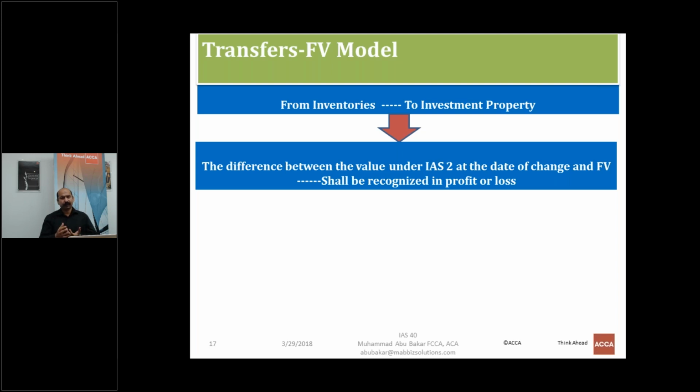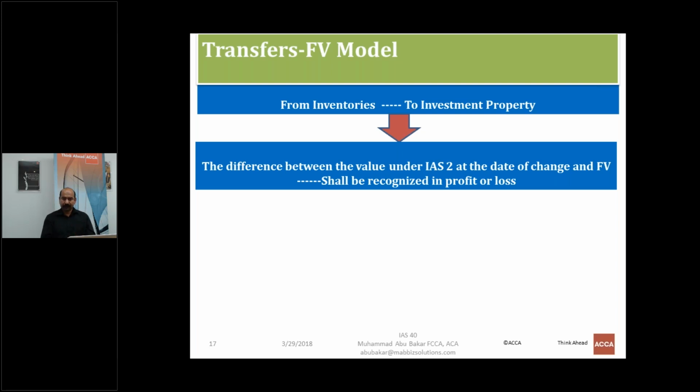This is your inventory because you are in the business of selling buildings after construction, and it has got some carrying value, like 10 million. How we reached this 10 million: of course, labor, material, overheads, all these things were added to calculate this amount of the self-constructed building, which will be sold to the customer. So 10 million cost is there within this inventory account.